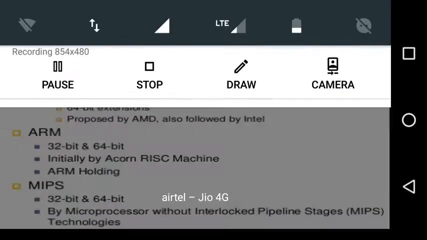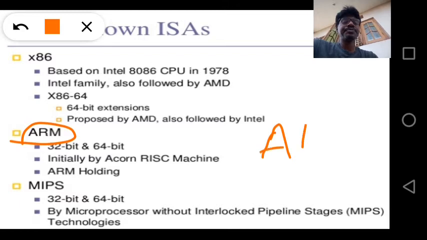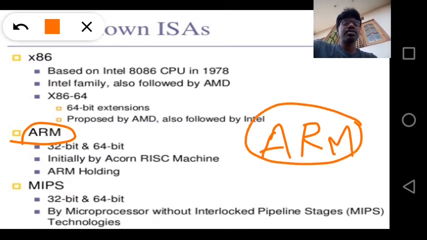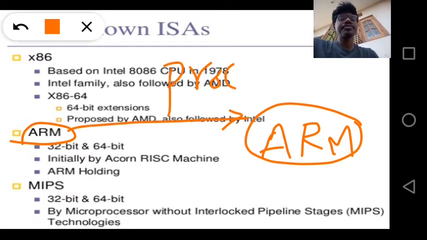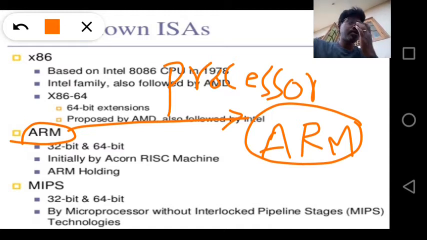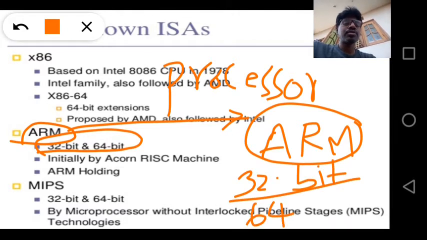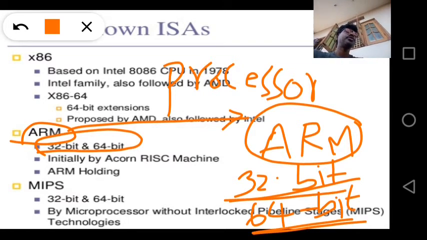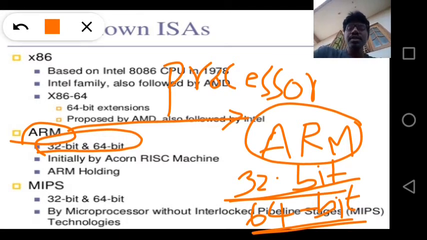Next we have ARM. This ARM stands for one type of processor. This processor is available in both 32 bit and 64 bit. Initially, ARM is an Acorn RISC machine.